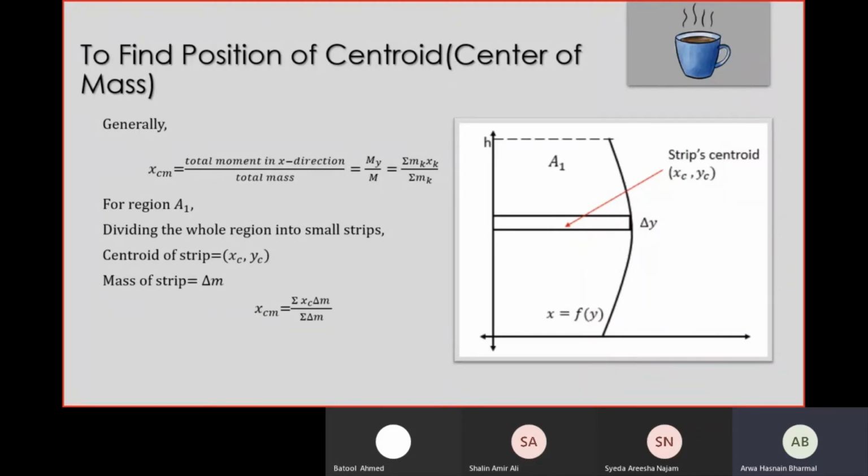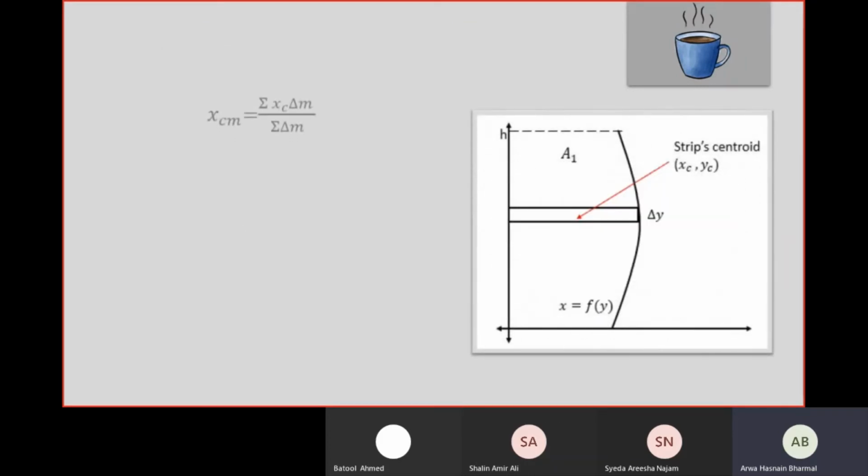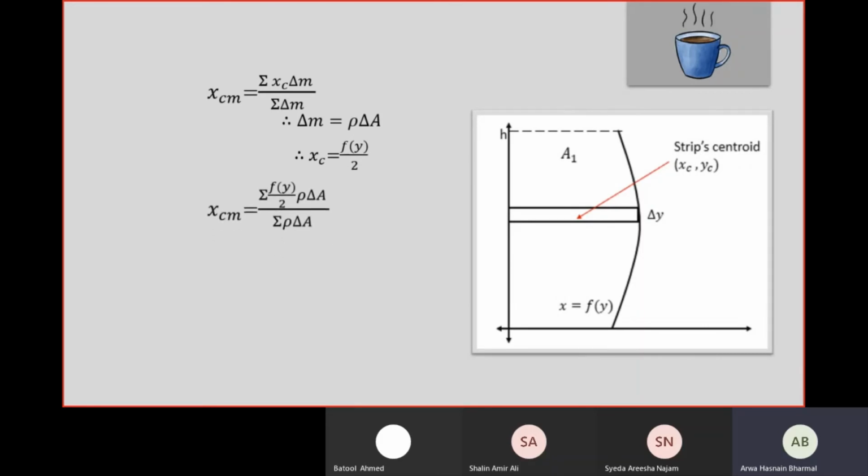So in here, the equation simply becomes, for the x-coordinate of the centroid, the sum of all the x-coordinates of each of the strips. Now, if here we see delta m is actually the density times area, and xc, if we consider the strip to be very thin, is the distance between the y-axis and the curve, which is f(y) over 2, because the strip is very thin.